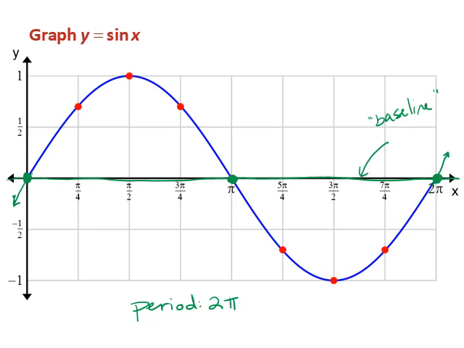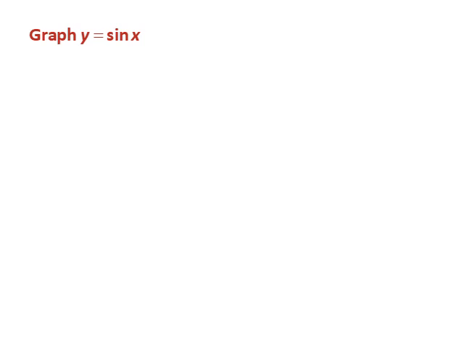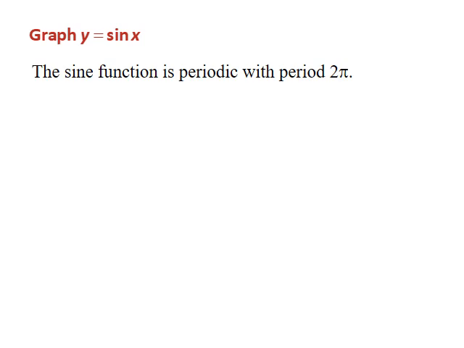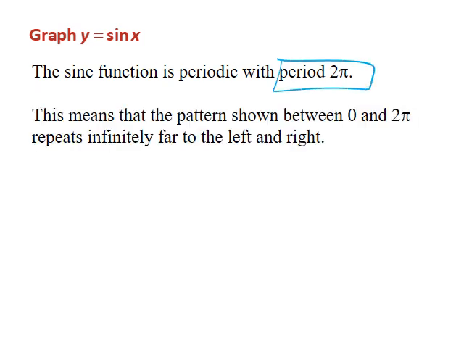Then, 1/4 of the way, it is at its maximum, and 3/4 of the way, it is at its minimum. The sine function, as mentioned before, has a period of 2 pi. Basically, this means that one full cycle is in between 0 and 2 pi, and then the curve goes infinitely to the right and to the left.